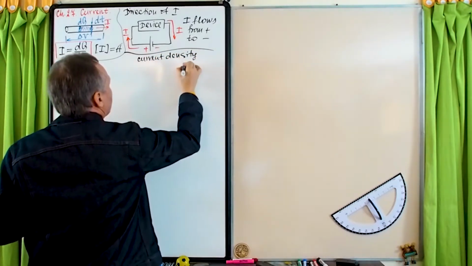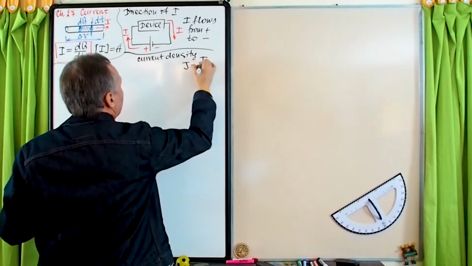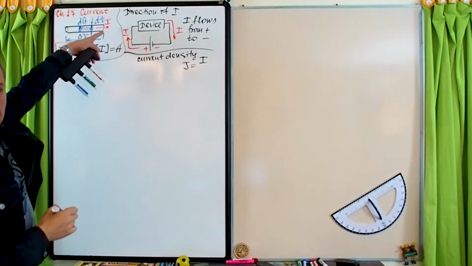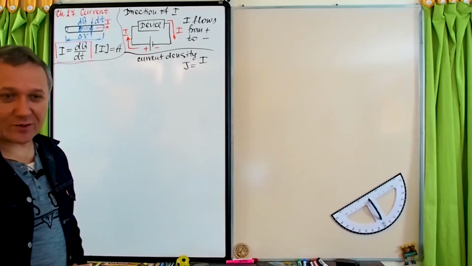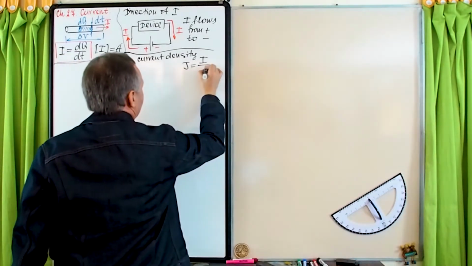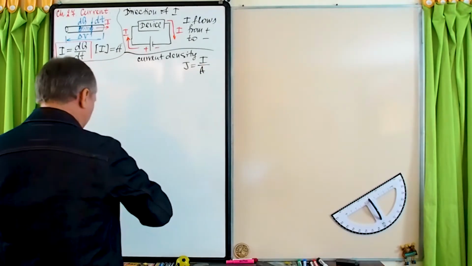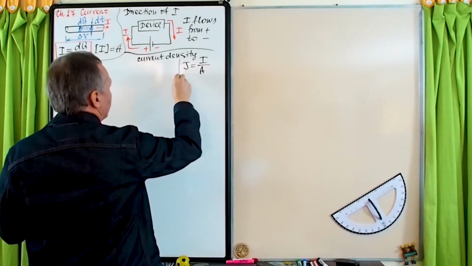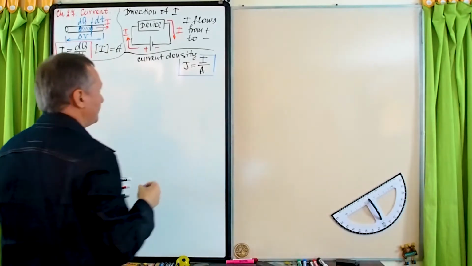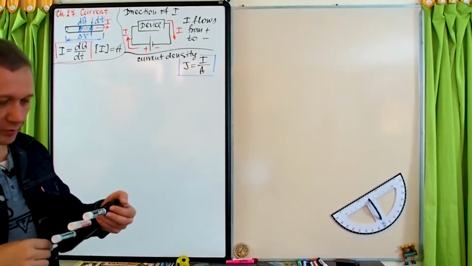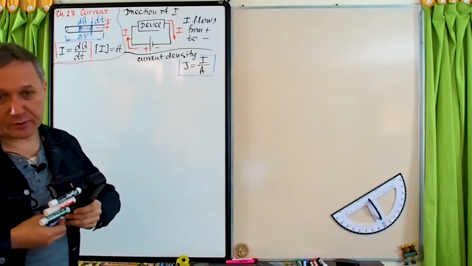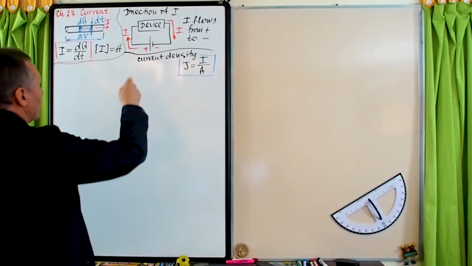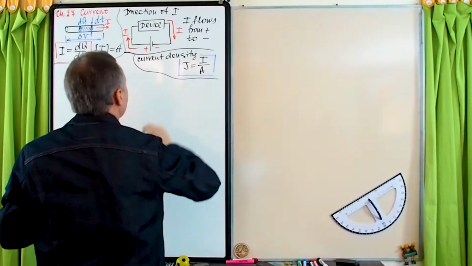It is introduced as J equals current divided by the cross-sectional area over which that current is measured, right? So that's our current density. So there are no special units. Whatever you see here, amps divided by meters to the power of 2. Okay, let me separate this small section.